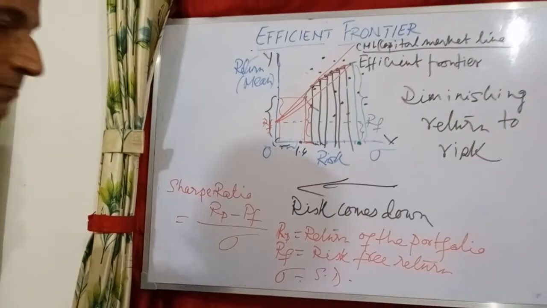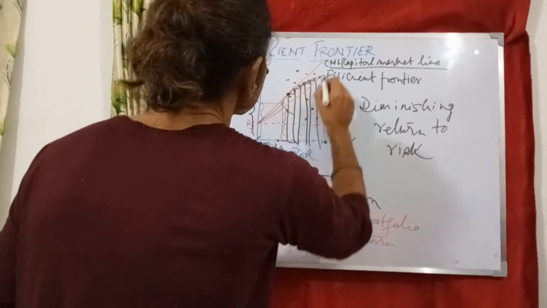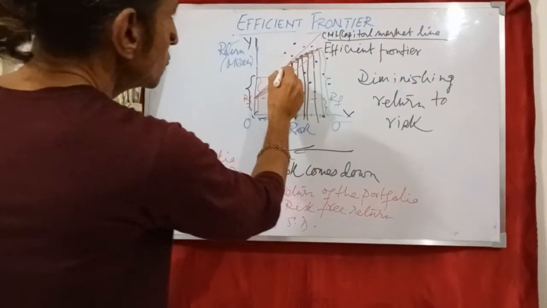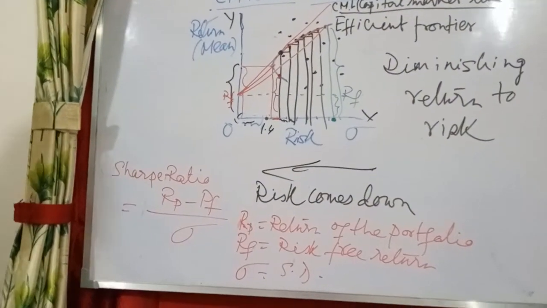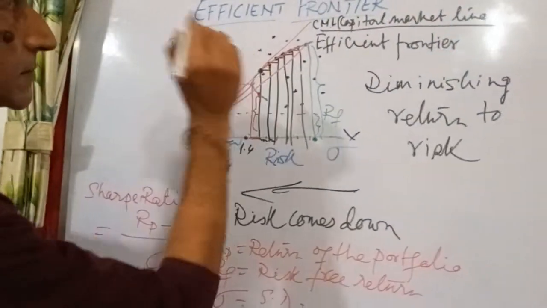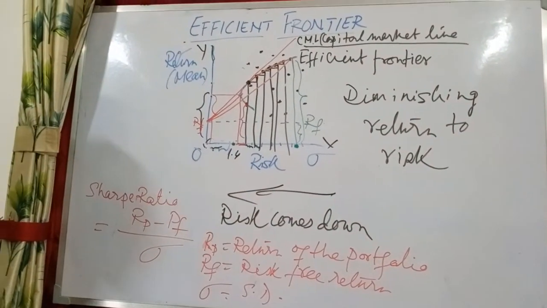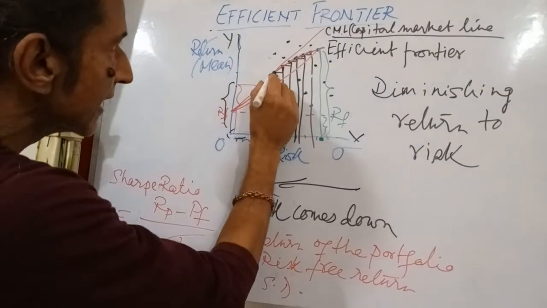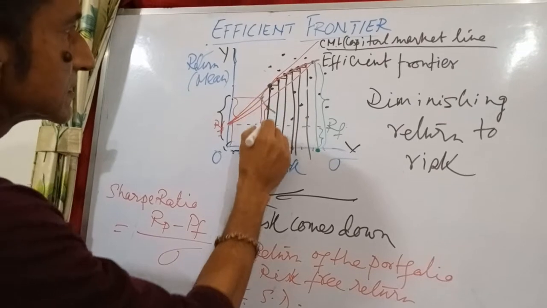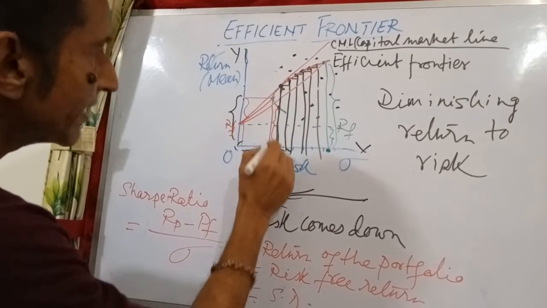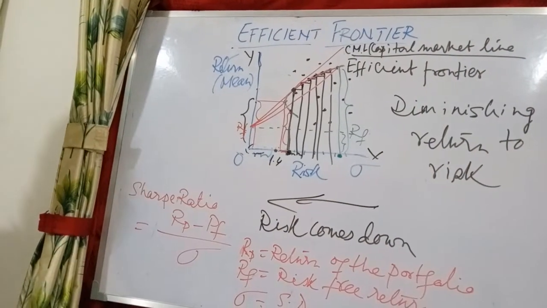Now you see, at this point, CML is tangent to efficient frontier. And at this point, the Sharpe ratio, that is this minus this divided by risk, is maximum.